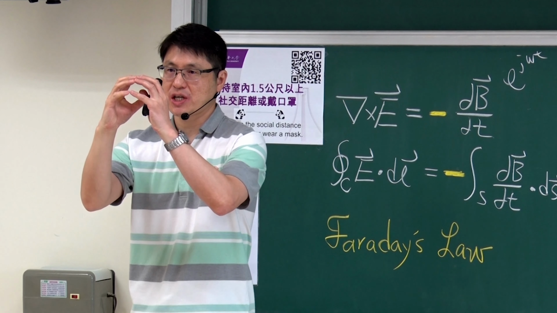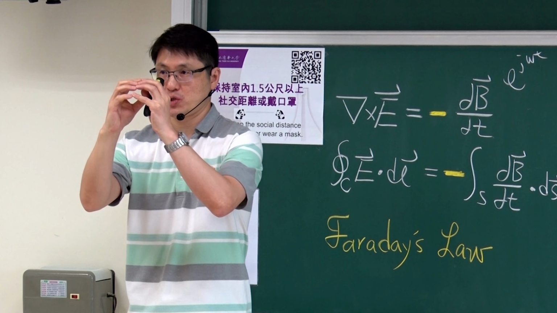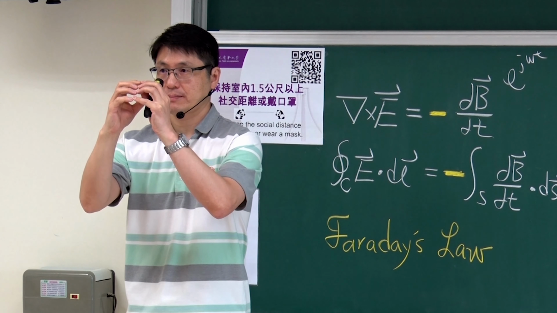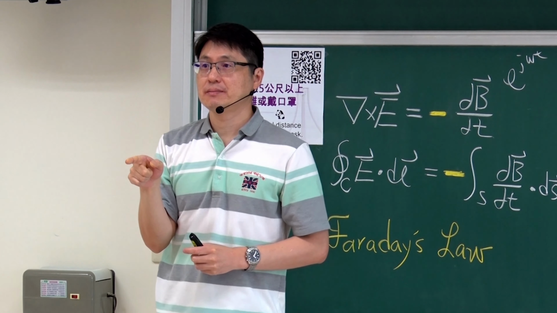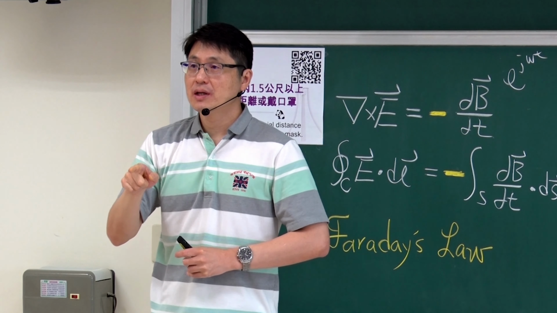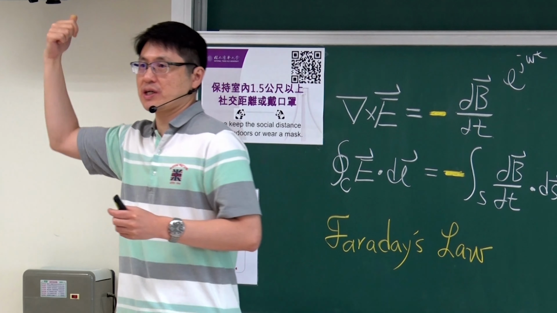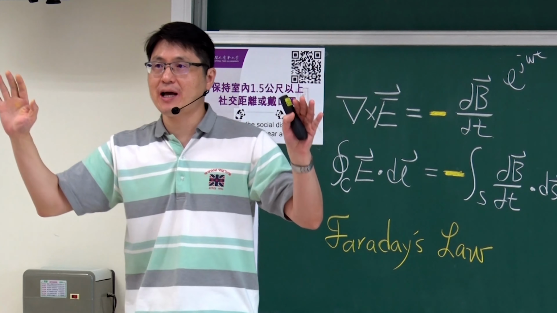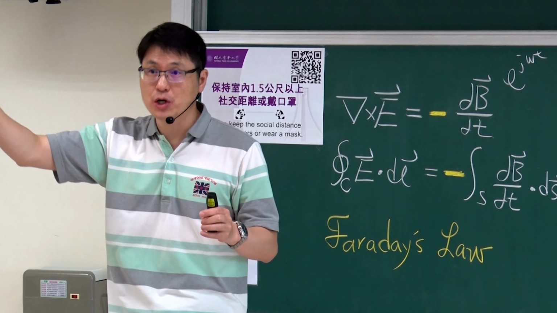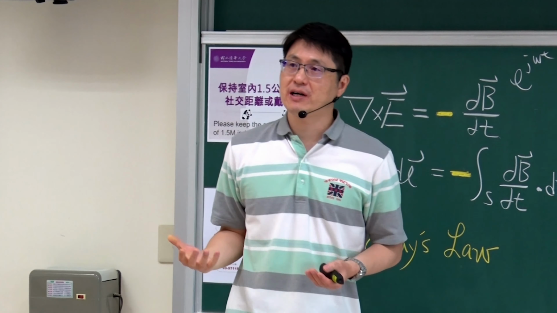This membrane is deforming, therefore changing some voltage. But usually speakers are driven by currents, so you need to convert from a voltage signal into a current signal. If you want your speaker to sound very loud, you have to send in large current. So the transformer is the ideal device.